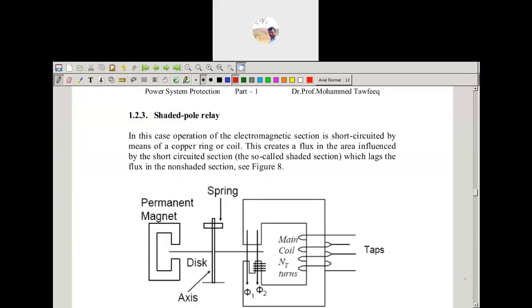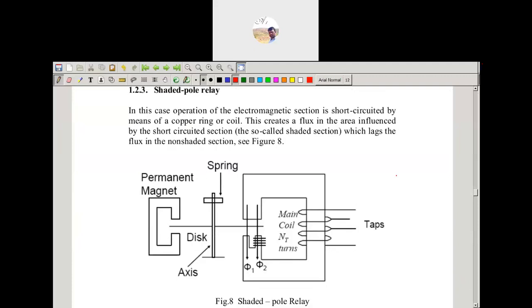Next we have the shaded pole. Here the shading pole is mainly a type of induced flux, so it varies the induced flux. In this case of operation, the electromagnetic section is short circuited by means of a copper ring at this place.